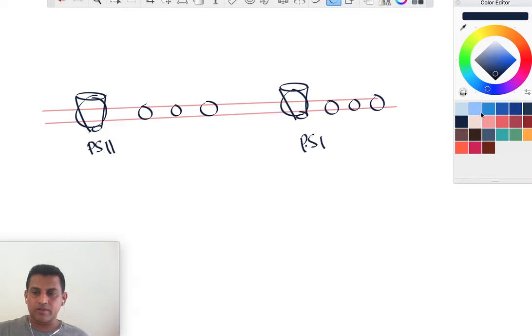So the electrons are coming from here. It's going here, here, here, and then moving to here. And this electron is going here, here, here to form the NADPH.